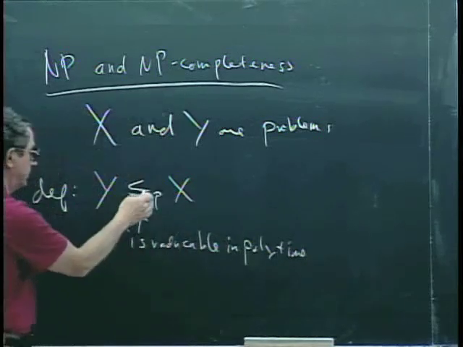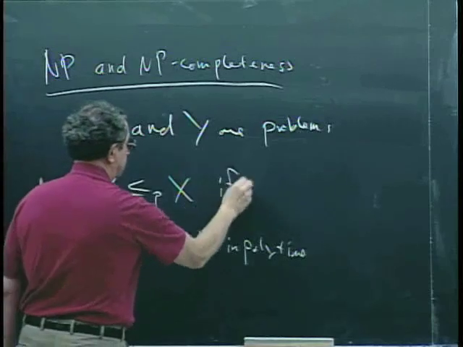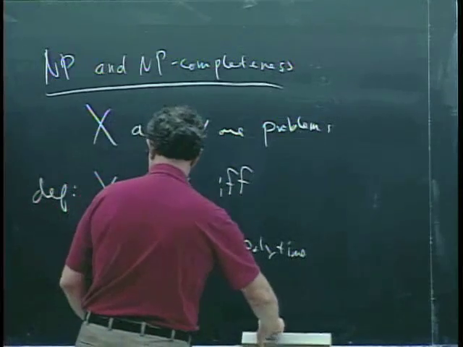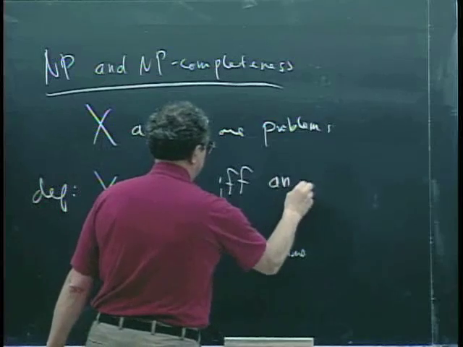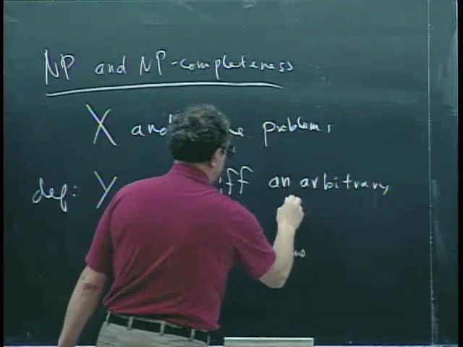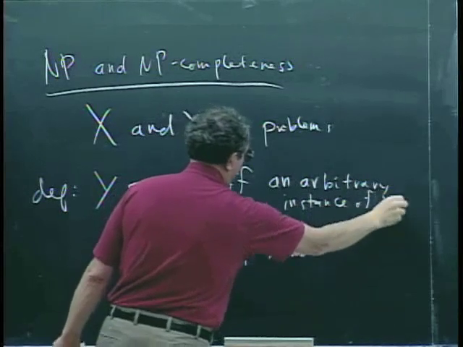So Y is reducible to X, and what that means, that's if and only if, an arbitrary instance of Y can be solved.